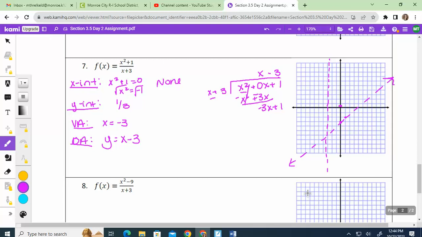It should exist on both sides of that vertical asymptote. So since I'm not seeing everything, if you go to zoom, number 3, zoom out, and then hit enter, it should zoom out a little bit, and then we can see there is a second piece of this graph all the way down here. So you should always have something on both sides of your vertical asymptote. If you don't, zoom out. Your calculator's messy.